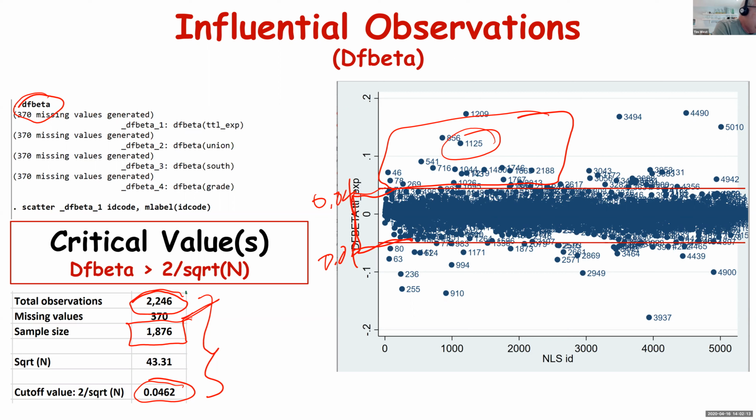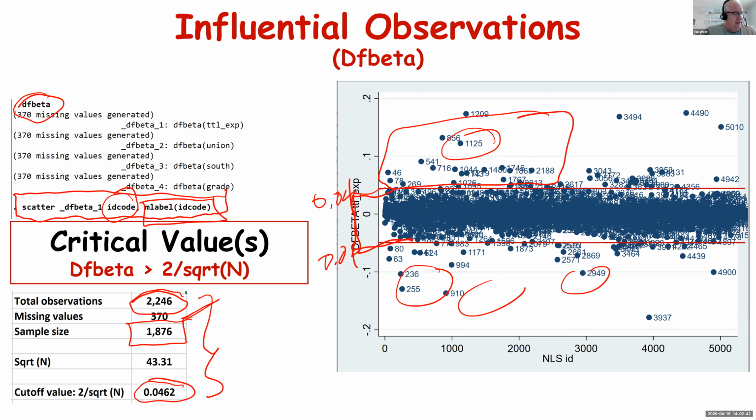The reason we got that is that when I scattered it, I asked it to code the individual observations and label them with that variable. That way you can get a better sense of what some of these outlying observations are, and what leverage they're putting on your data set.